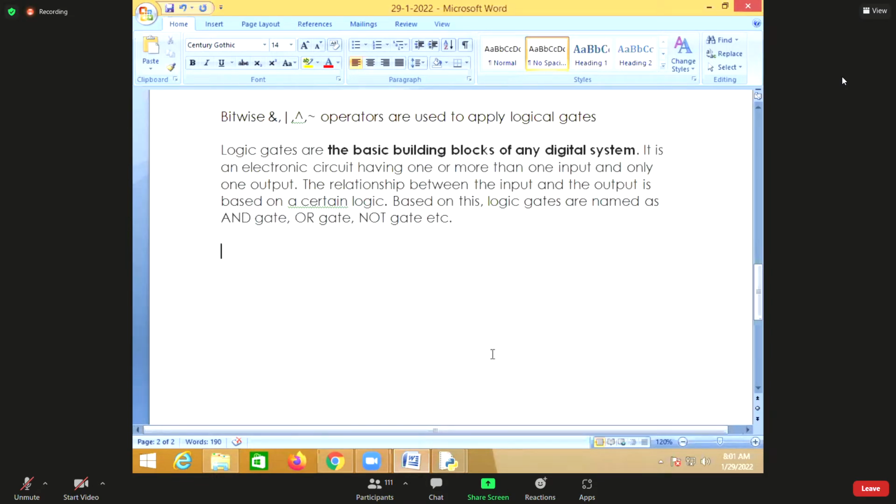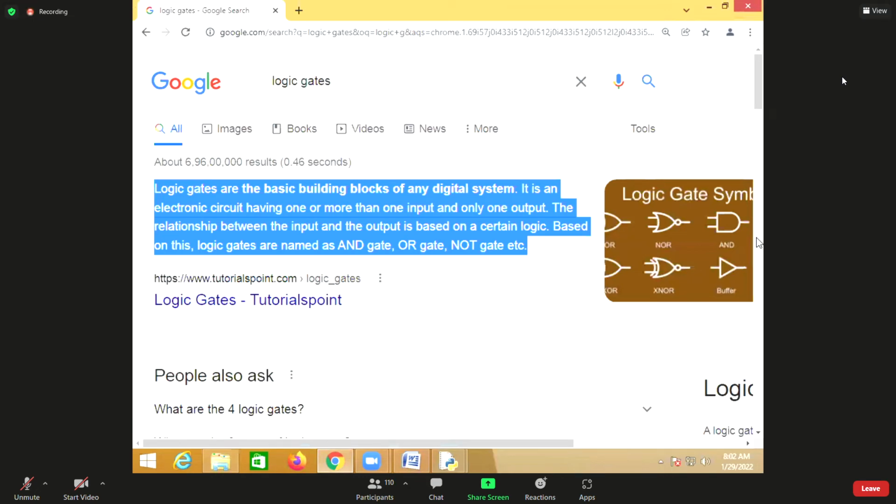Now, if you see these logic gates, it is like this.